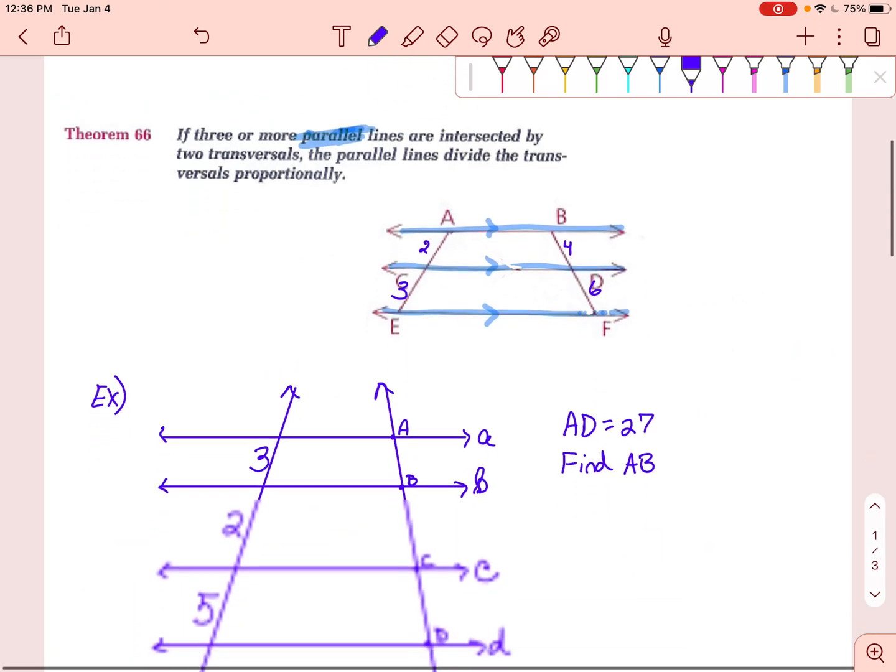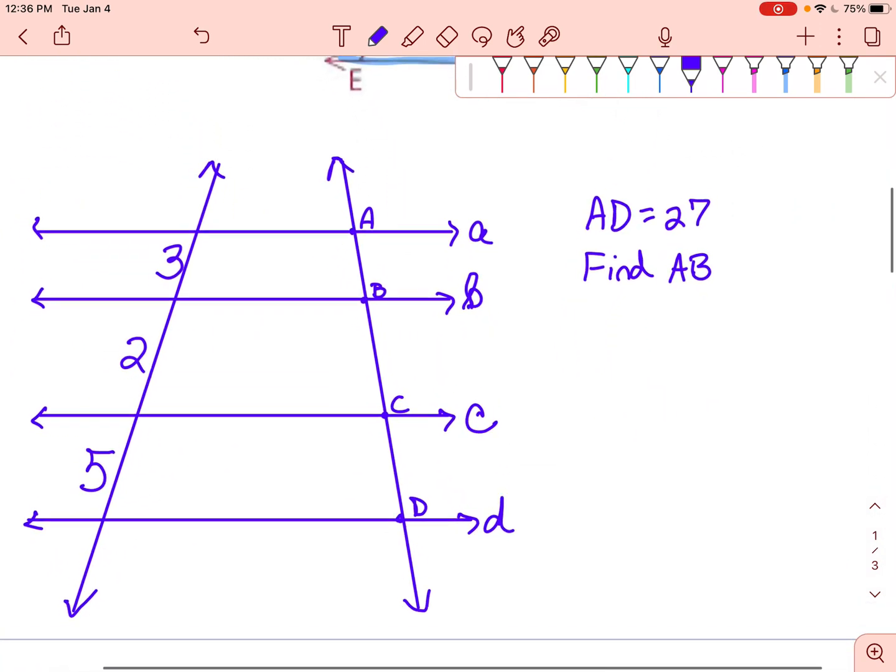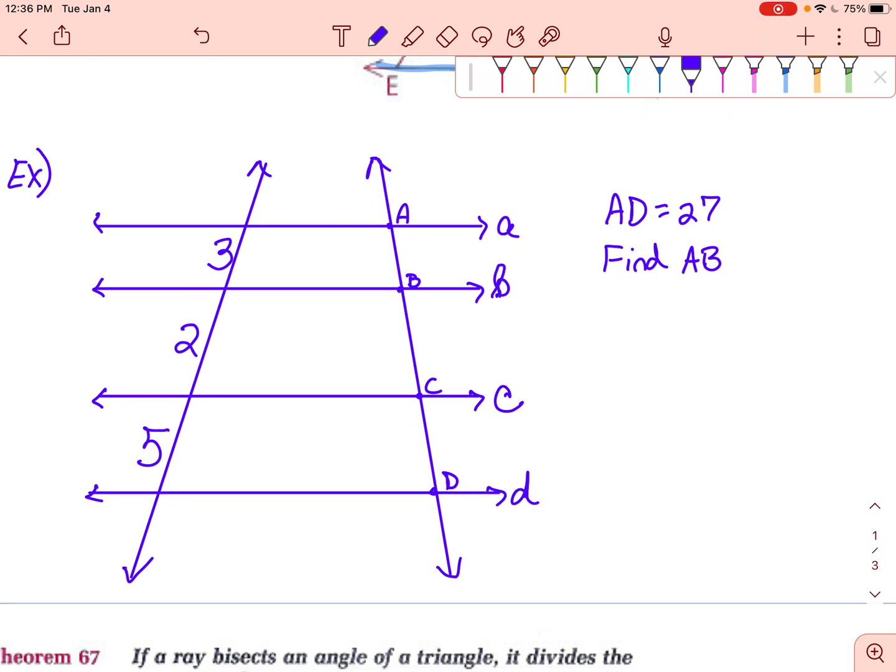So I have an example down here that I wanted to go through with you. If you take a look at this, we have little chunks. This little blue chunk is 3, the little pink piece is 2, and then this orange piece is 5, okay?